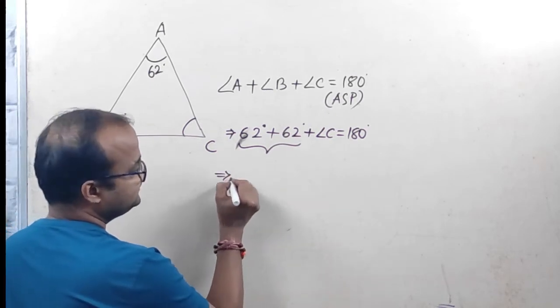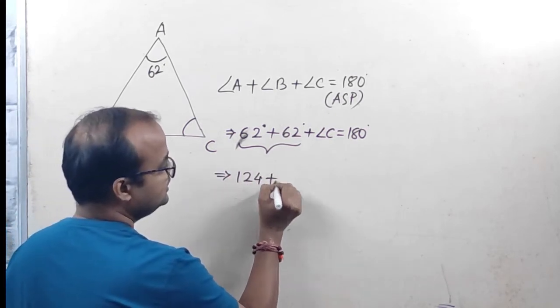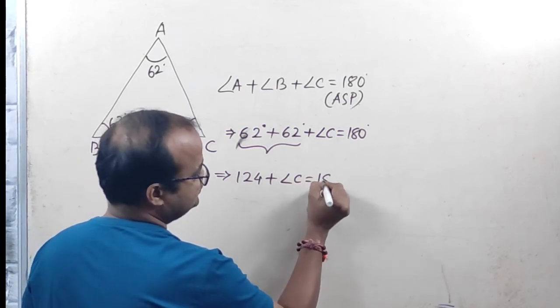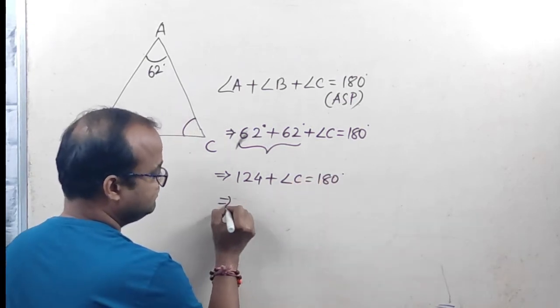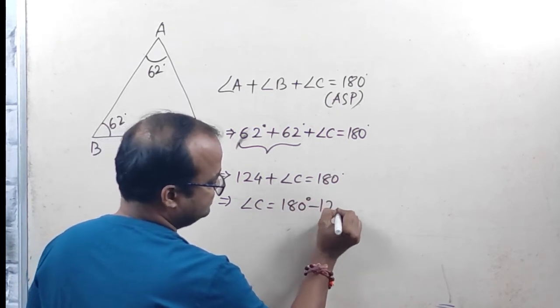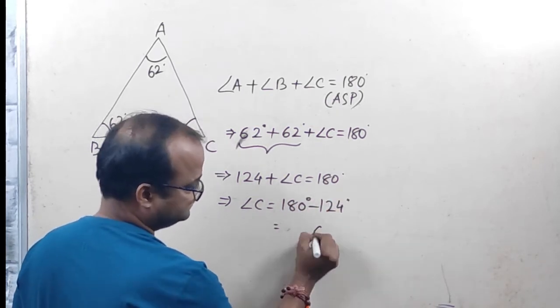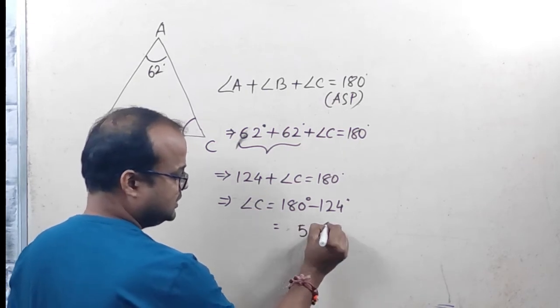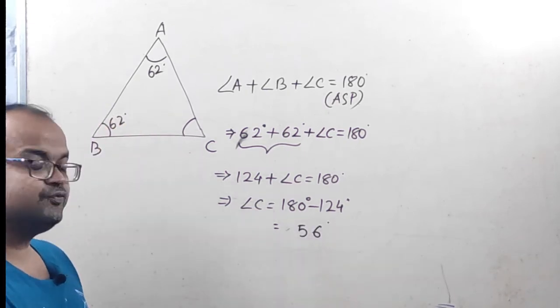So we write 124 plus angle C equals 180 degrees. It implies angle C equals 180 degrees minus 124 degrees. So angle C equals 56 degrees.